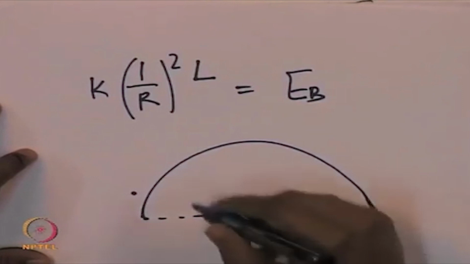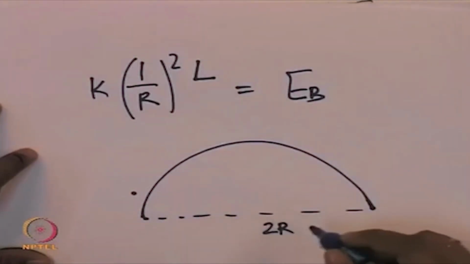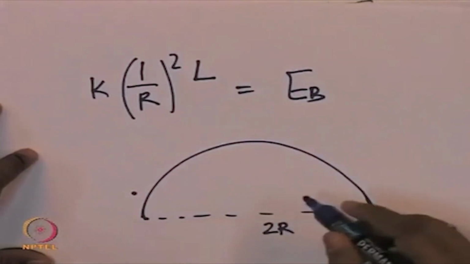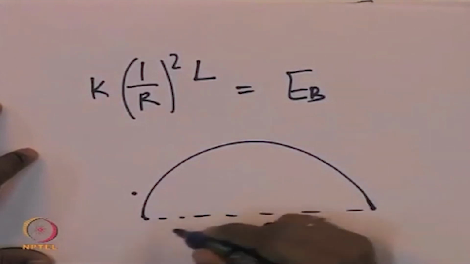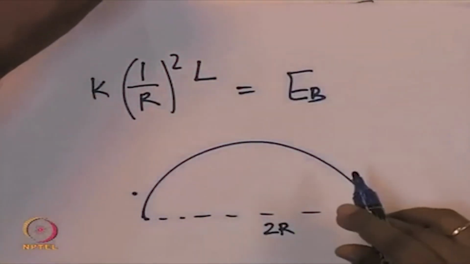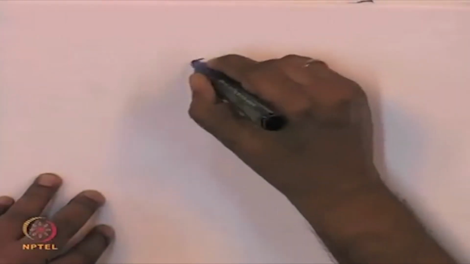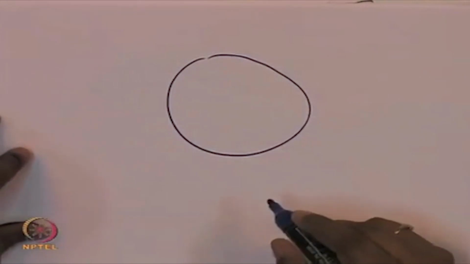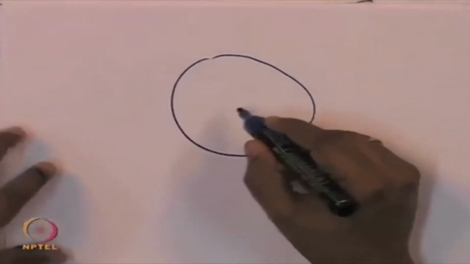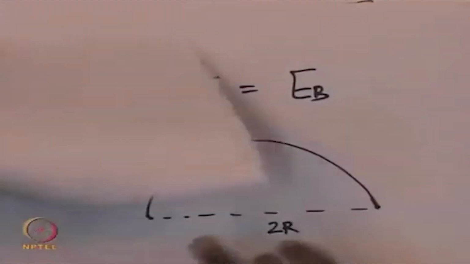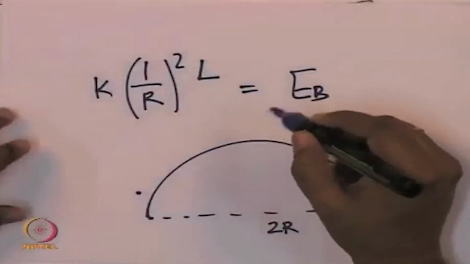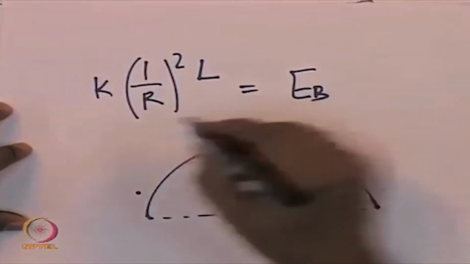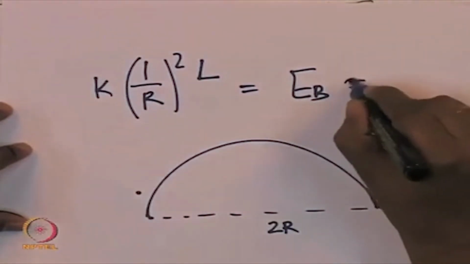So, let us draw this a little more carefully. Let's draw a circle. If you want to bend it to a circle of radius r, this will be this, and we can ask when the bending energy will be equal to kBT.